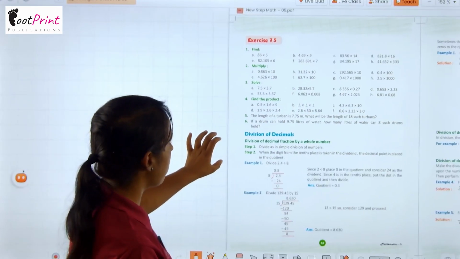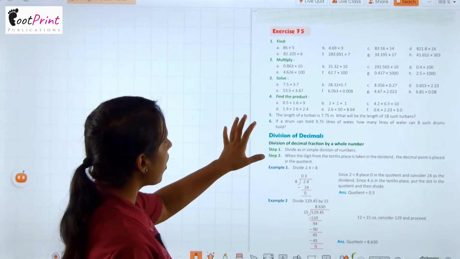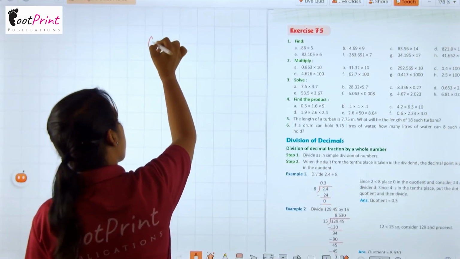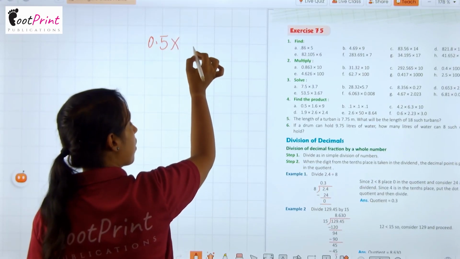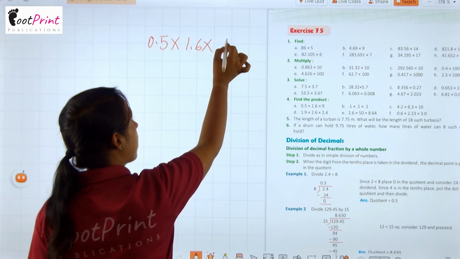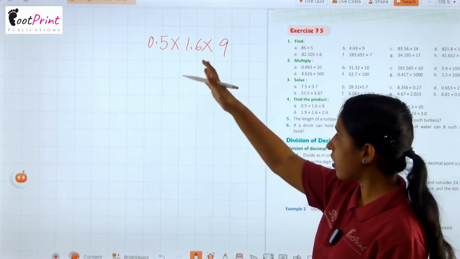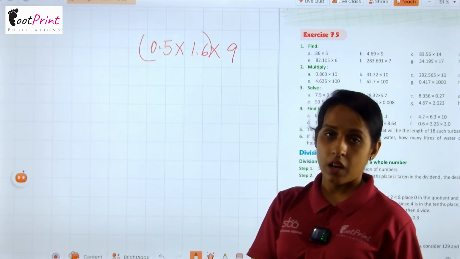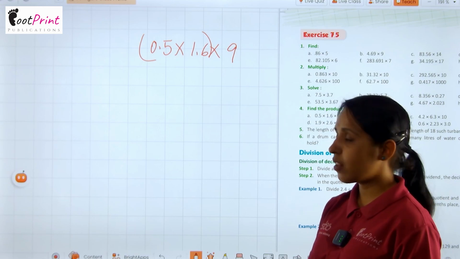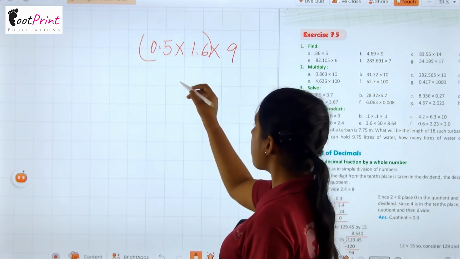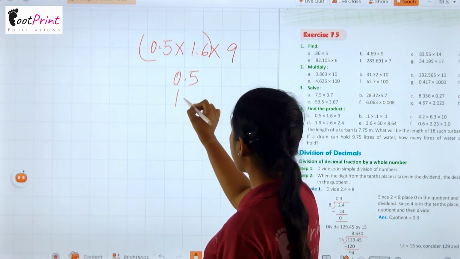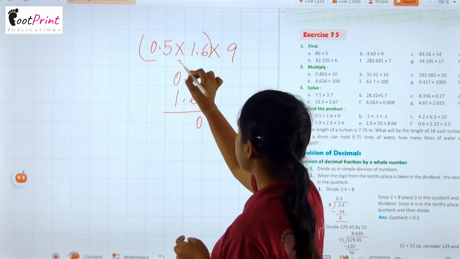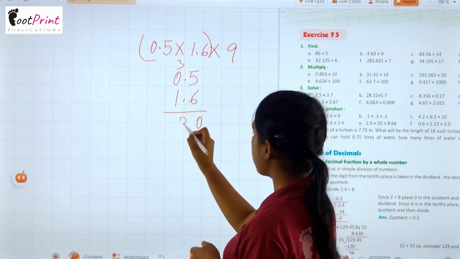Next we have question number 4, that is find the product of 0.5, 1.6 and 9. So 0.5 multiply 1.6 multiply 9. Okay. Now we have 3 numbers here. And we learned that if we group the numbers, we can multiply easily and the product will not change. So first we multiply 0.5 and 1.6. So here we get 6 5s are 30. 6 0s are 0 and 3.